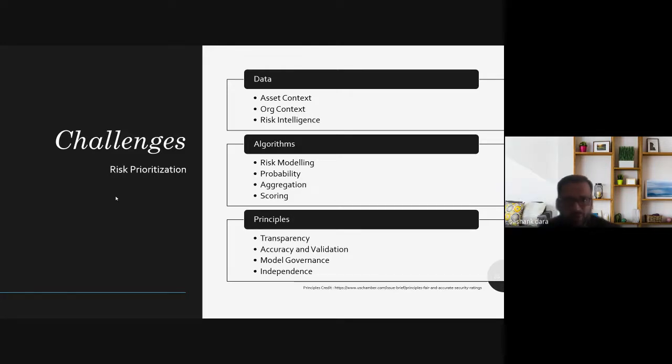In terms of how do you again establish the context? What kind of algorithms? How do you model the risk? How do you calculate these probabilities? And more importantly, how do you aggregate these risks? It's not easy to aggregate the risks at an asset level or a business unit level or an organization level.